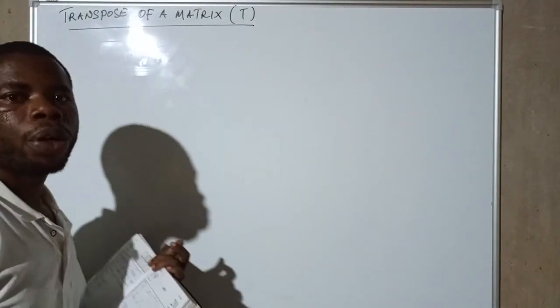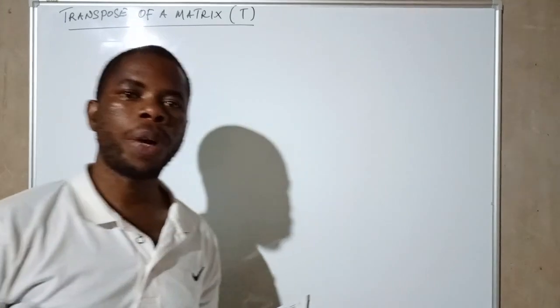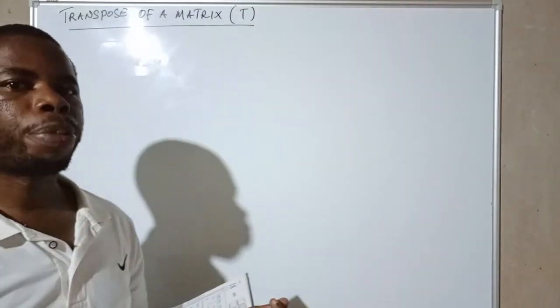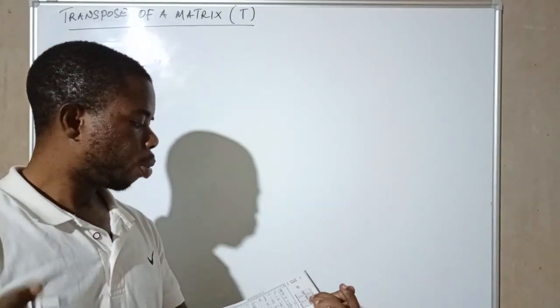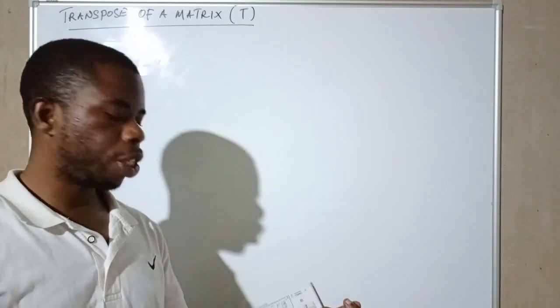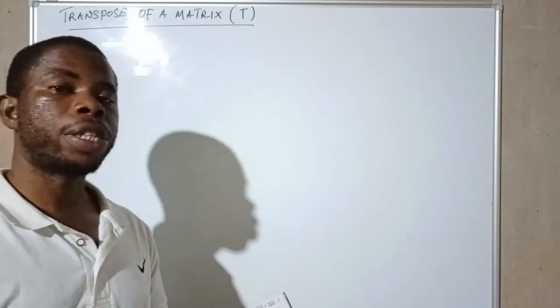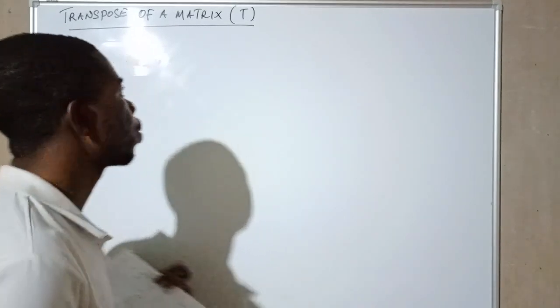So we have to understand what is actually a transpose of a matrix. This is just a change of a matrix, or a change of the order of a matrix.